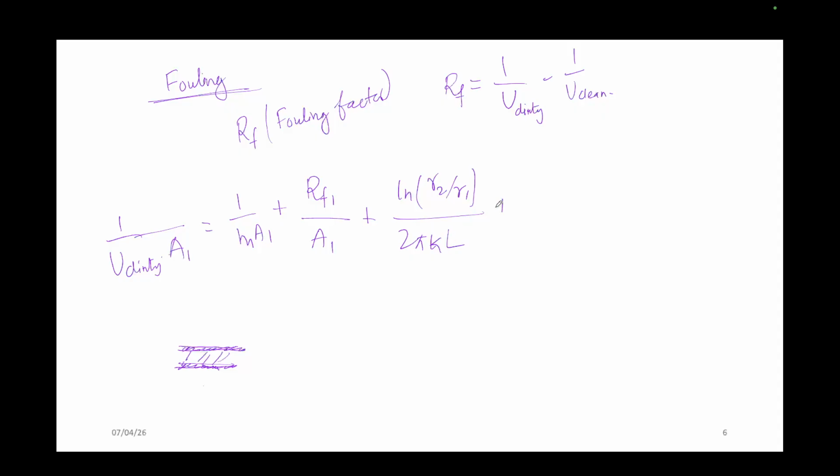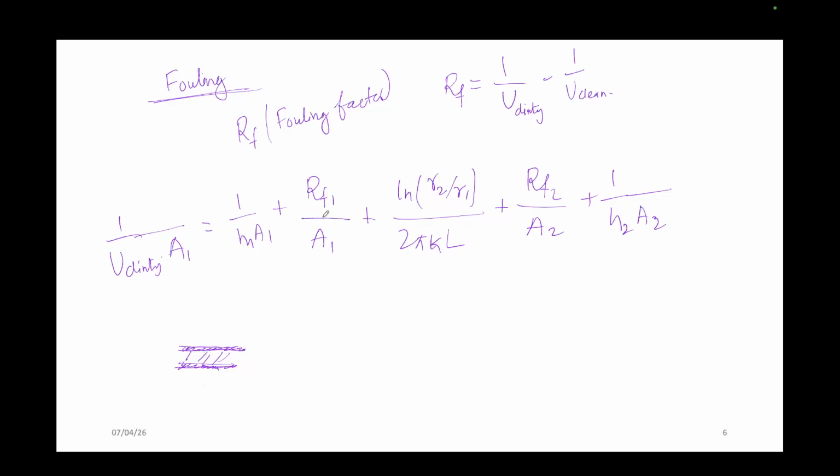Next, there is RF2 by area. Next, 1 by H2 A2. From this you can find out 1 by U dirty, right?